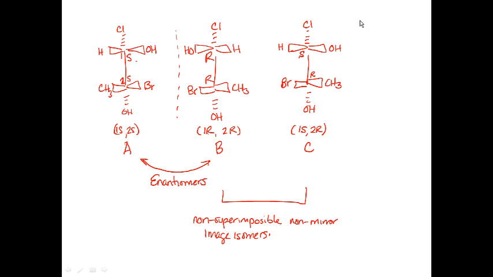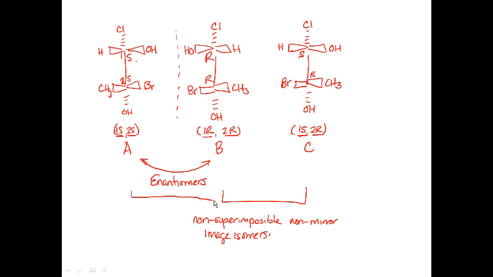Non-superimposable, non-mirror image isomers. Molecules where one chiral center has the same configuration and, again, I'm comparing over here, the other chiral carbon has the opposite configuration.